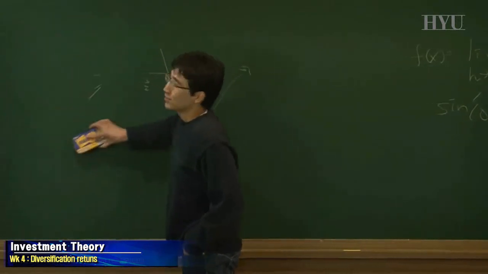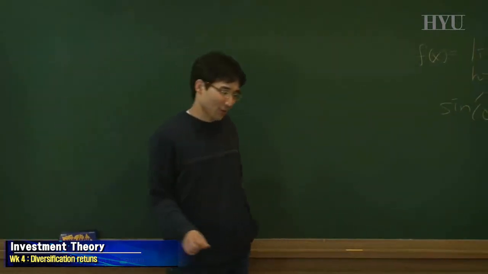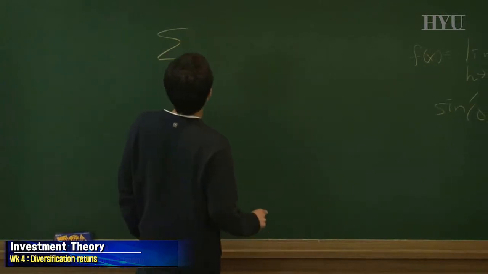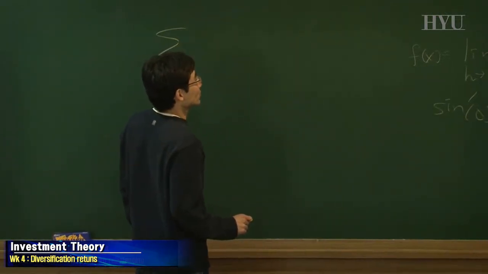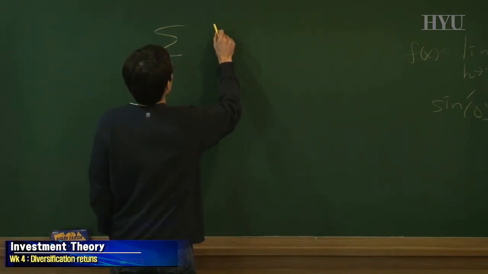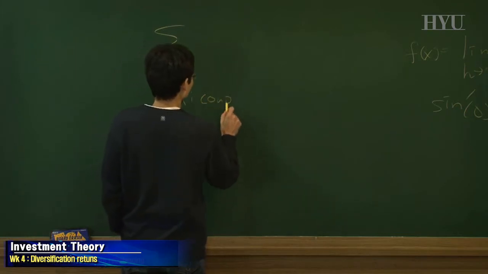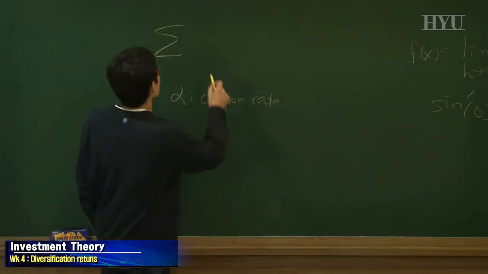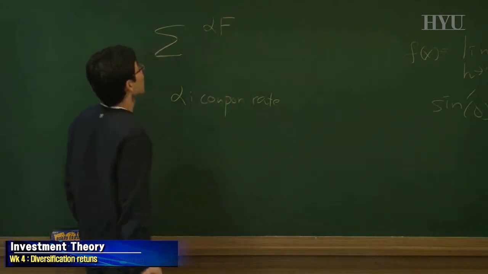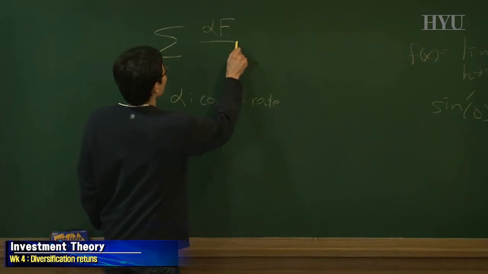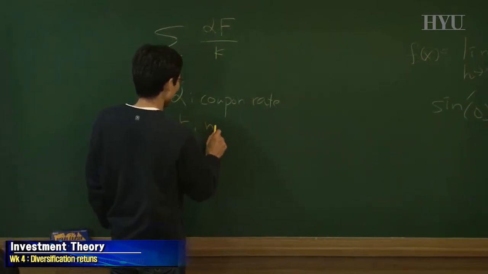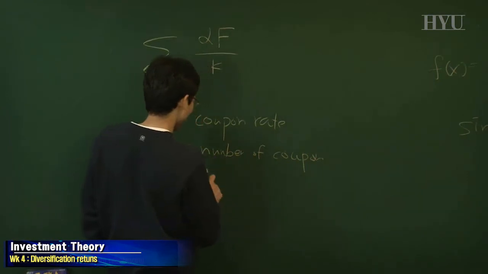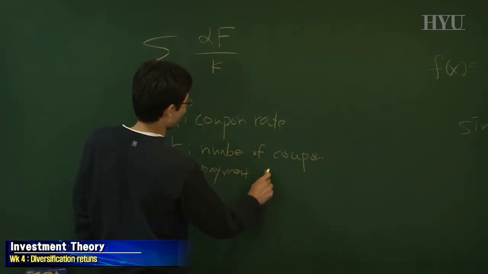If you use continuous compounding, continuous discounting, the formula for bond pricing is basically, let's see, let's say the coupon rate is RF, and K is the number of coupon payments per year.